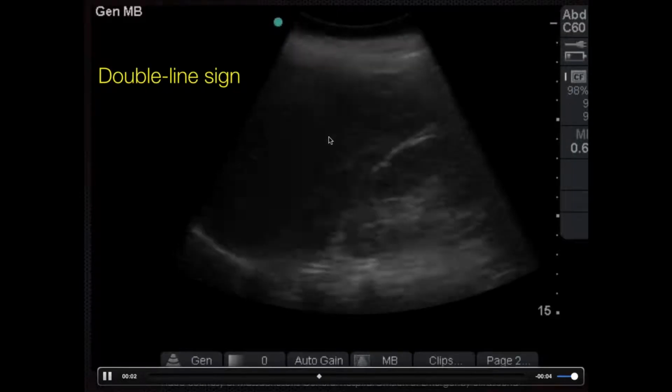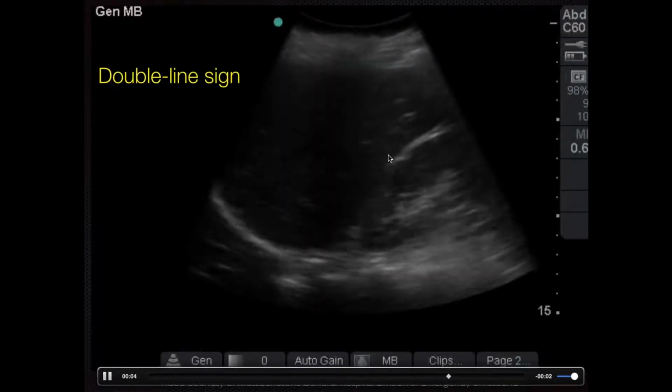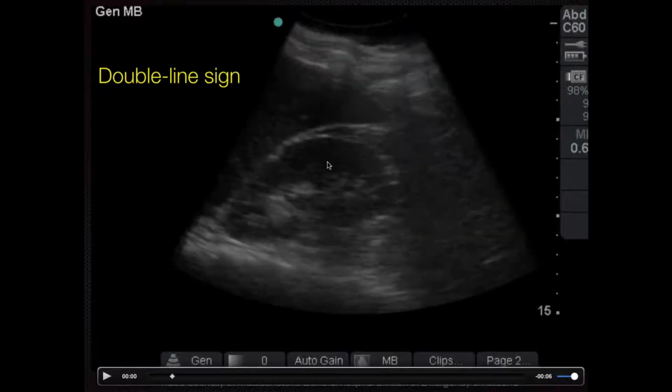What that is really referring to is the fact that you have two hyperechoic lines surrounding the hypoechoic region. Okay, this is the common mimicker of free fluid in the Morrison's pouch. This is not free fluid. This is actually perinephric fat. So if it's surrounded by hyperechoic lines, don't mistake that for free fluid.